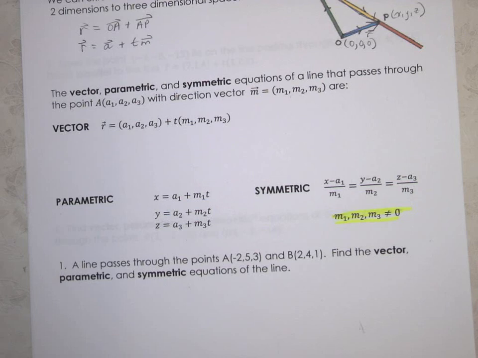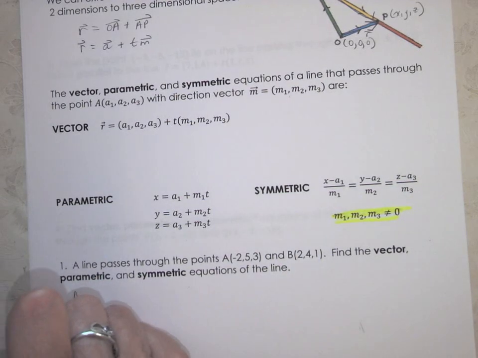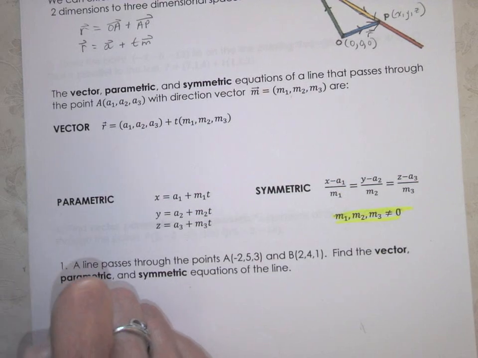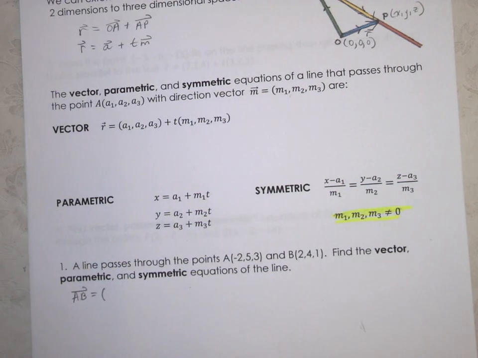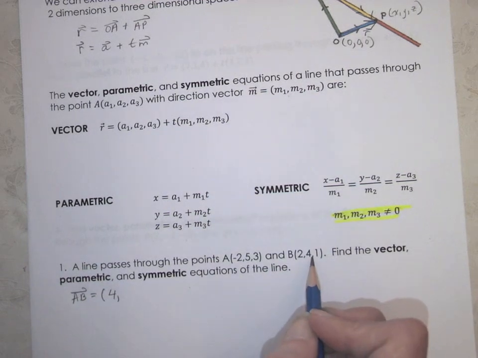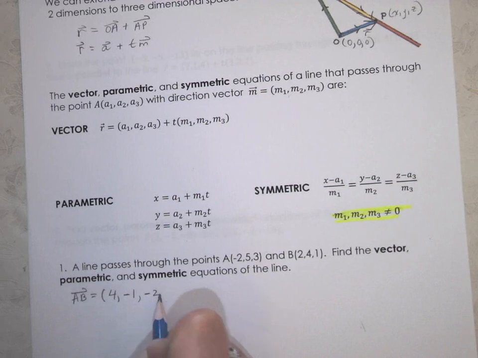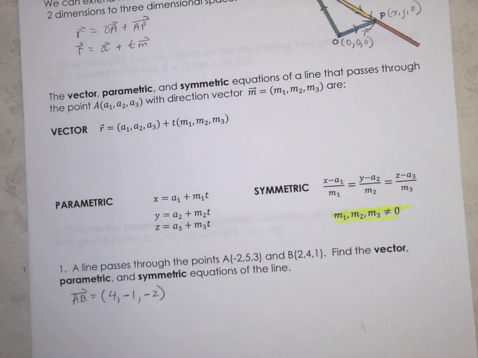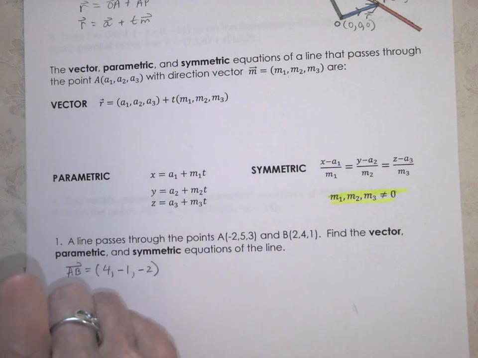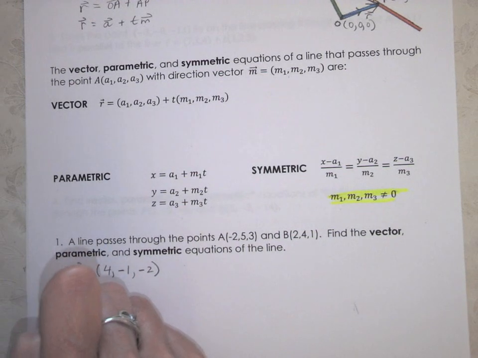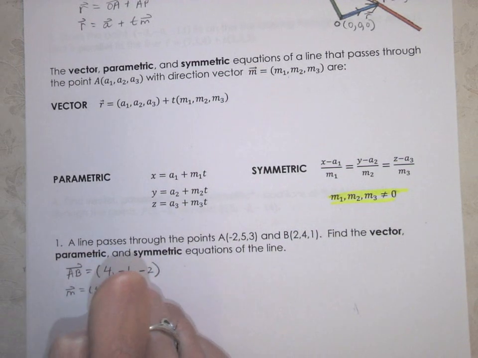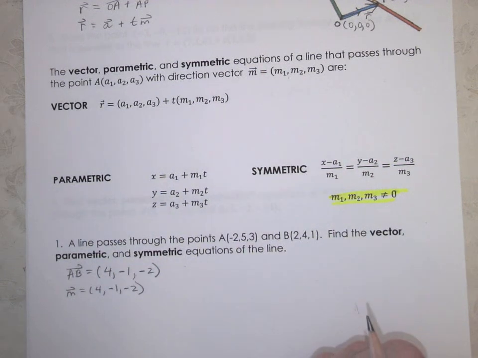Okay. So the first thing we're going to do is find the vector from A to B. And that would be B minus A. So we would get 4, -1, -2. And see if we can take a smaller scalar multiple, and we can't. So that's going to be our direction vector, 4, -1, -2.